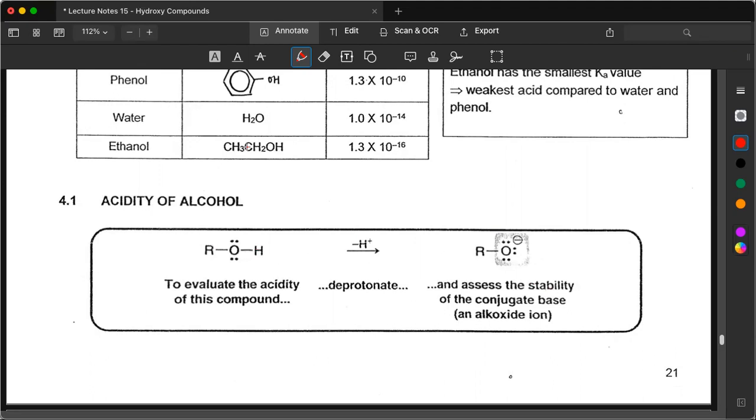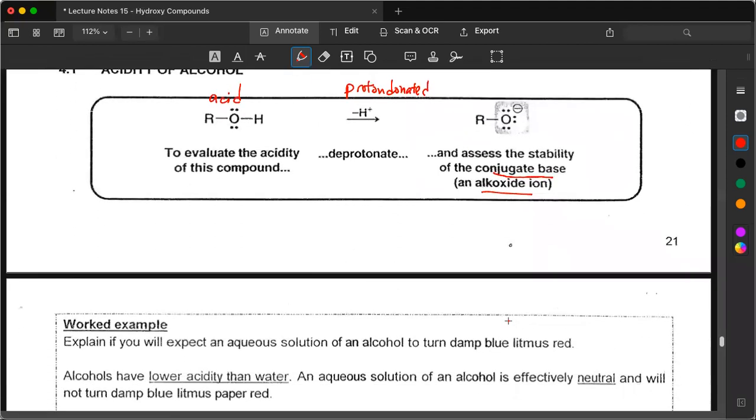So this is the acid, where it donates the proton. The proton leaves the acid, and the product is a conjugate base, in this case an alkoxide ion, O minus.